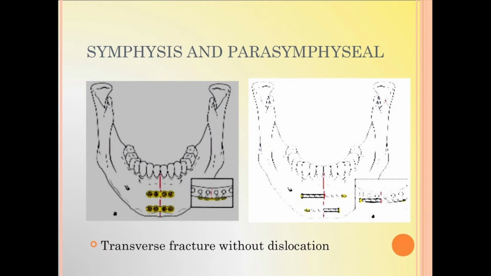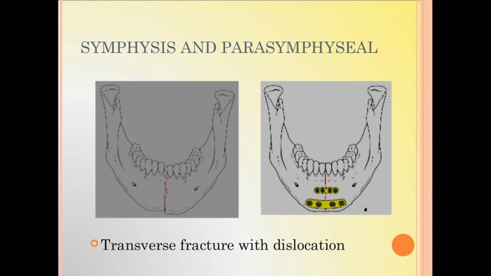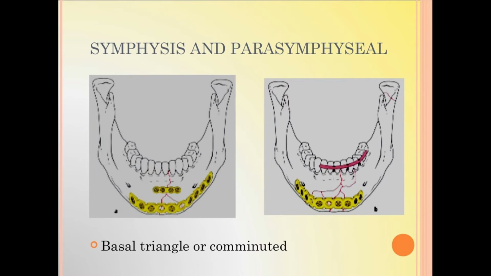You can see how to provide osteosynthesis for persons with symphysis and parasymphyseal fractures. Transverse fracture without dislocation. This is a symphyseal fracture, basal triangle comminuted.